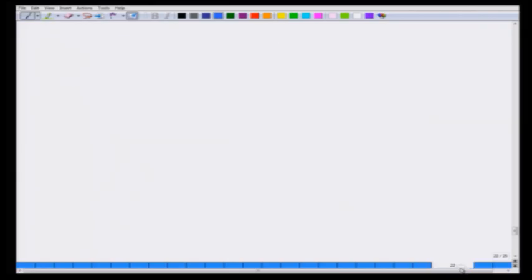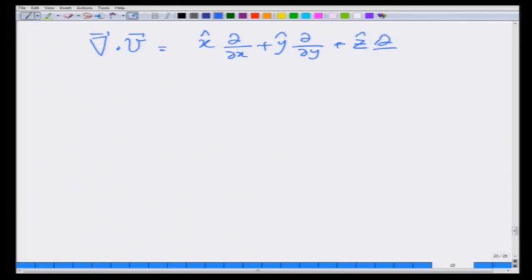So, that when I write divergence of V, it is partial x plus y partial y plus z partial z dotted with, and I am going to take the dot product first, x V x plus y V y plus z V z.